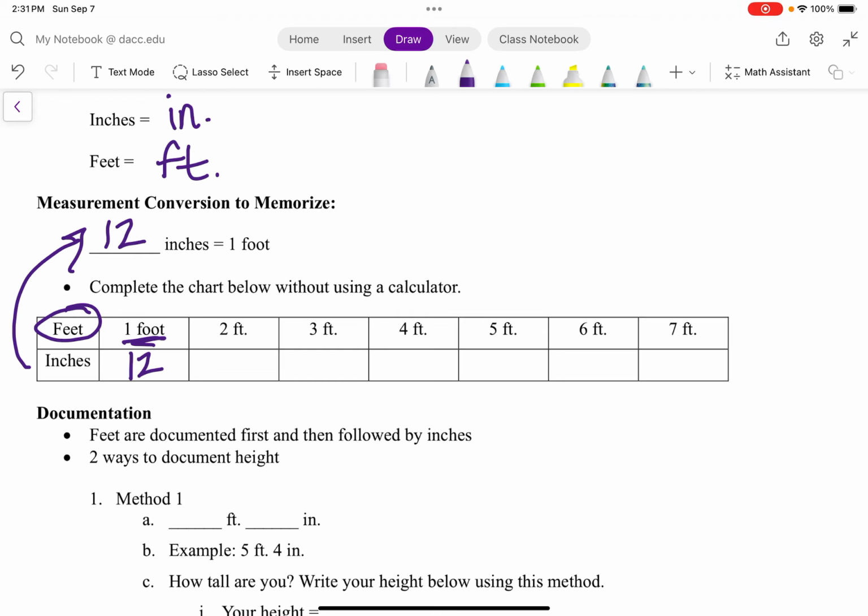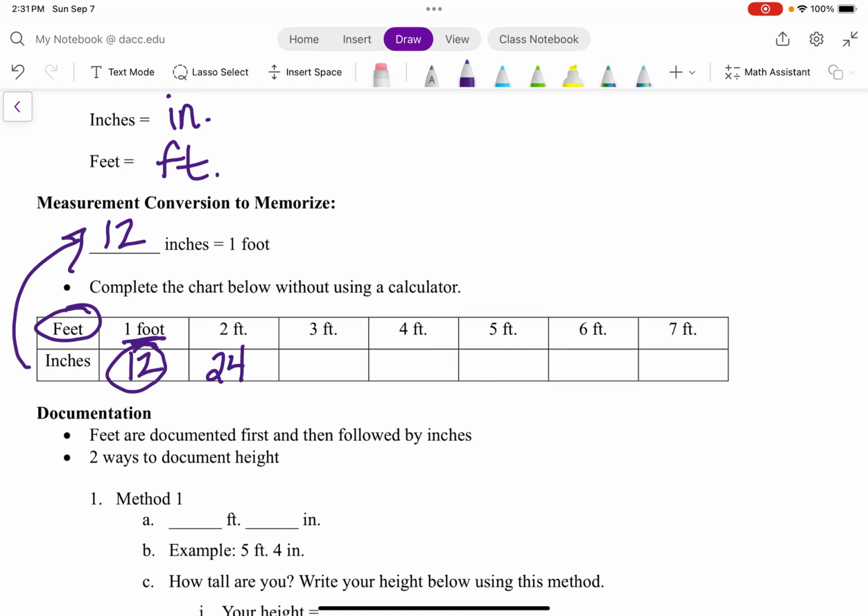Let's move along and look at the next box. Next up, we're going to look at 2 feet. How many inches are in 2 feet? Well, if we know that 1 foot has 12 inches, then we could just add another 12 inches. We just double it. So 2 feet would have 24 inches in it.